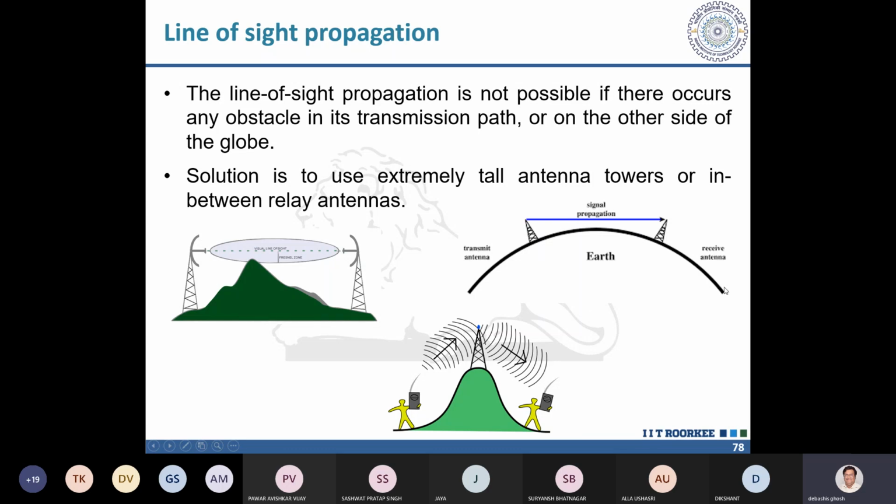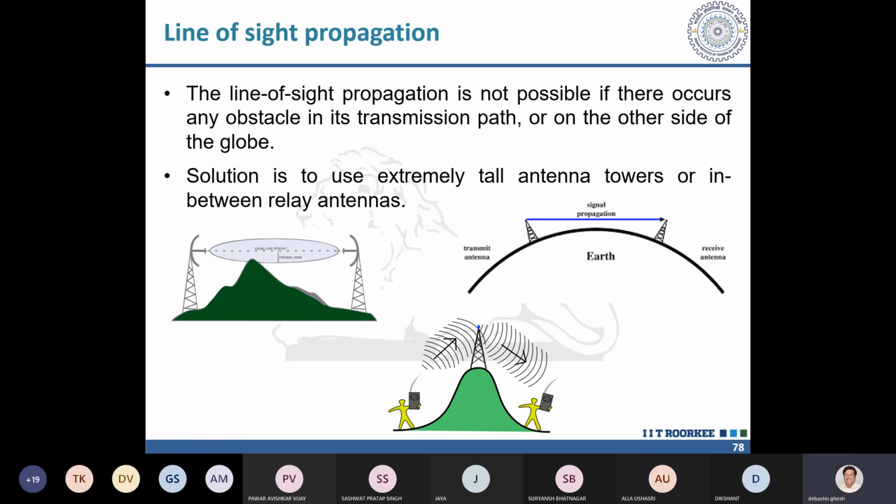On Earth, the line of sight problem comes again. Suppose I want to send a signal to London, or receive a signal from London BBC. Since London is not in the line of sight, I would have to build very tall towers, which again is not feasible.